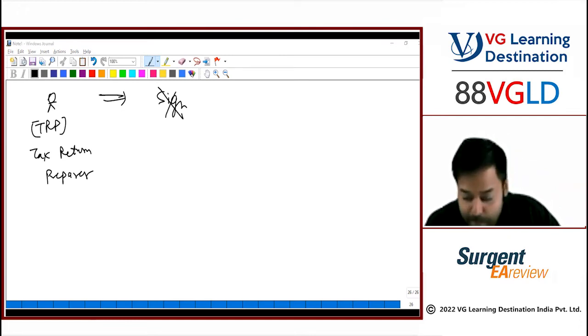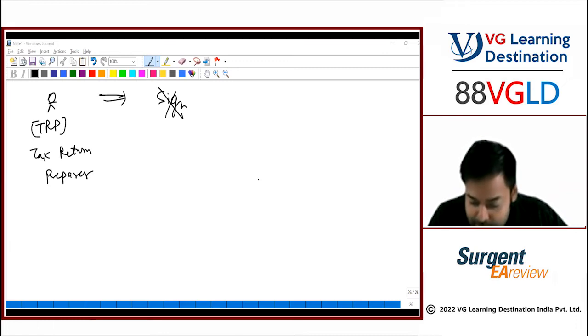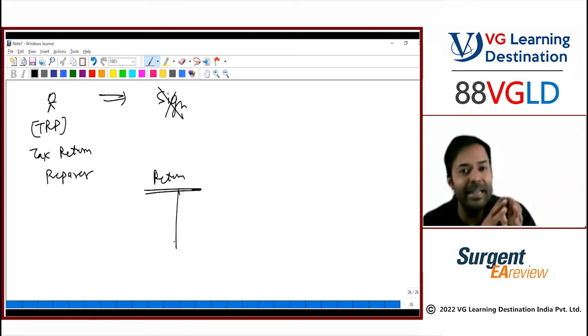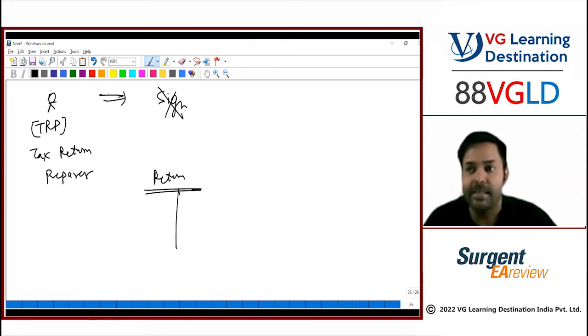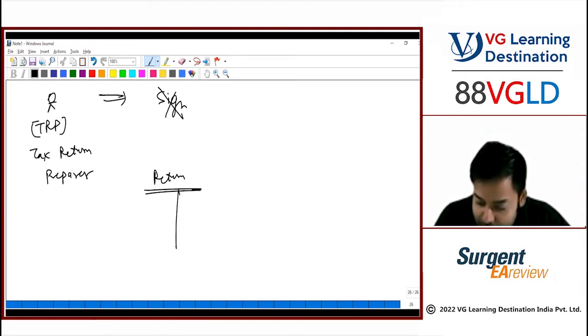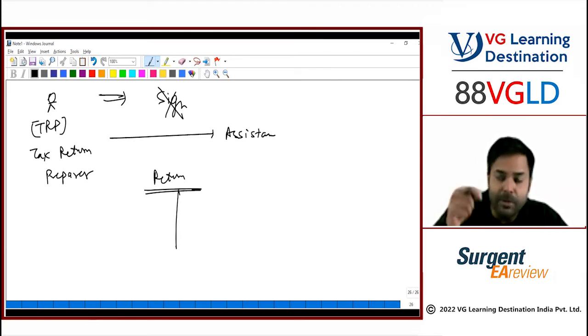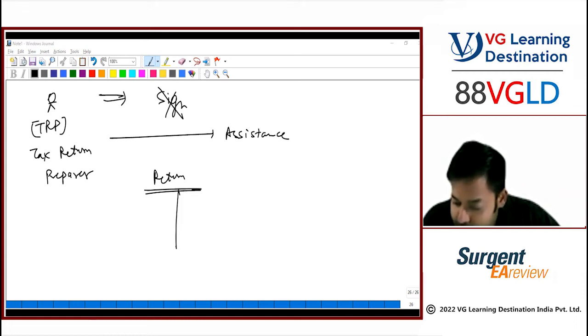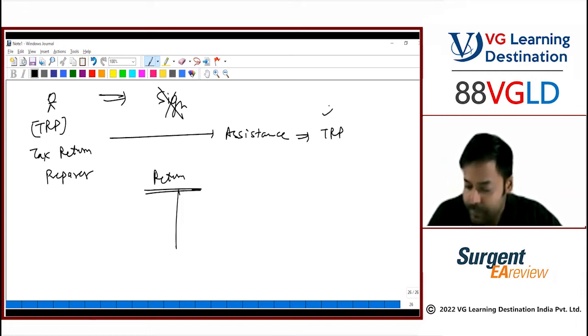Sometimes the return you're preparing needs a lot of calculation and a lot of assistance, and you take the assistance of someone. In that case, the person who is assisting will also tend to amount to a TRP.